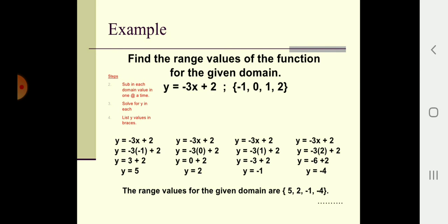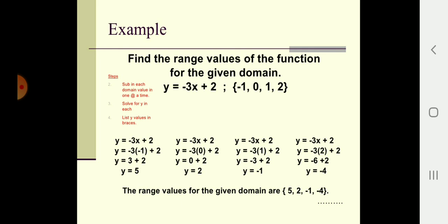Then y equals negative 3 times 0 plus 2, y equals 0 plus 2, which equals 2.